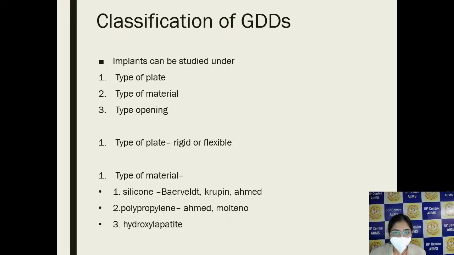That is why we don't want the fibroblast to grow and stick onto the material of the plate. So it can be either silicone, like the Baerveldt, Krupin and the Ahmed, or polypropylene, Ahmed and Molteno, and hydroxyapatite has also been tried.